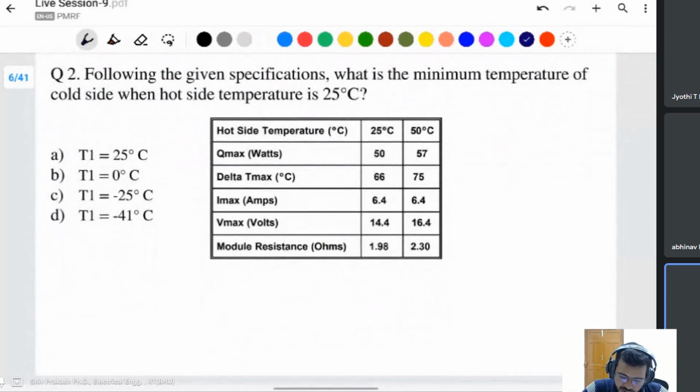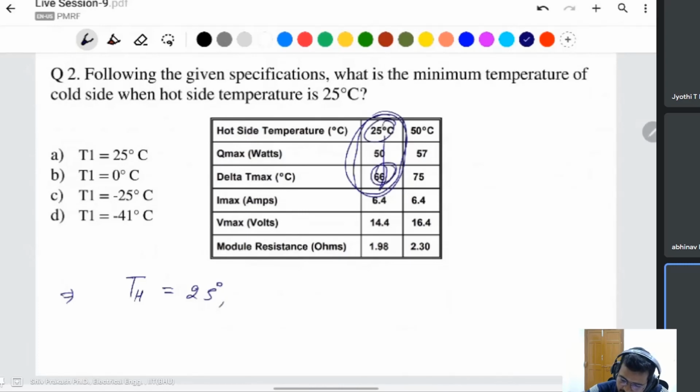Same thing for the second question. Following the given specification, what is the minimum temperature of the cool side when the hot side temperature is 25 degrees? This is, I think, a simple question. Hot side temperature is given as 25 degrees. And at this time, the delta T max is 66 degrees centigrade.